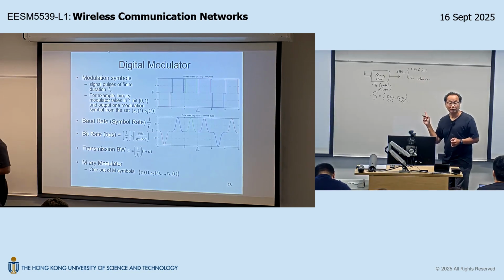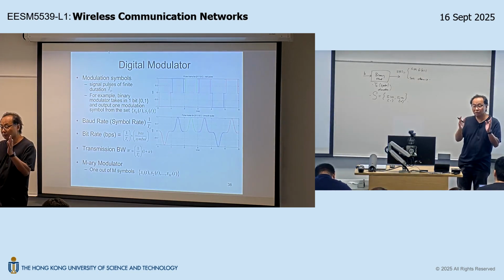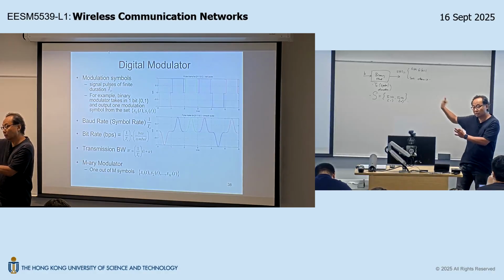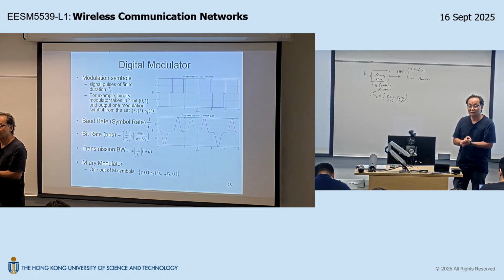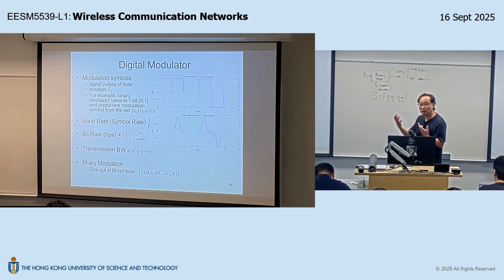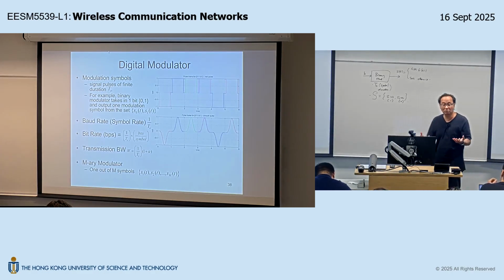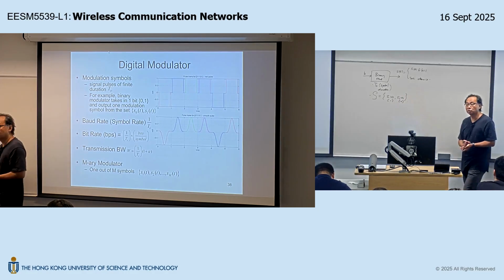Is that okay? Then you are done with the current symbol. And then you move on to the next symbol and repeat this bit by bit, or symbol by symbol. Is that okay? So therefore, any one of us can dream up your own binary modulator. You just need to define two different symbols in the signal set. And then that will do the job as a binary modulator.